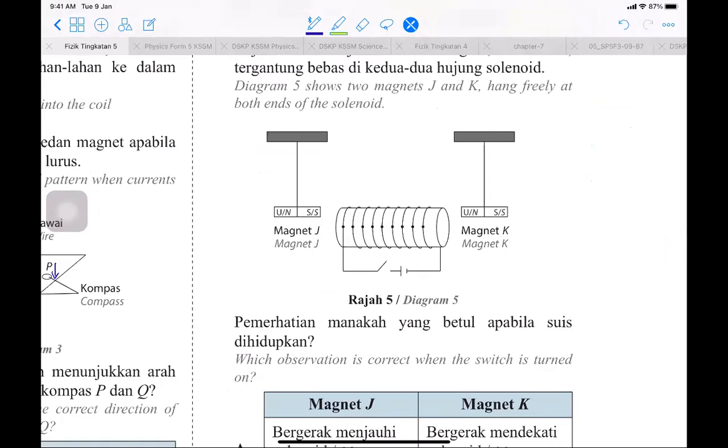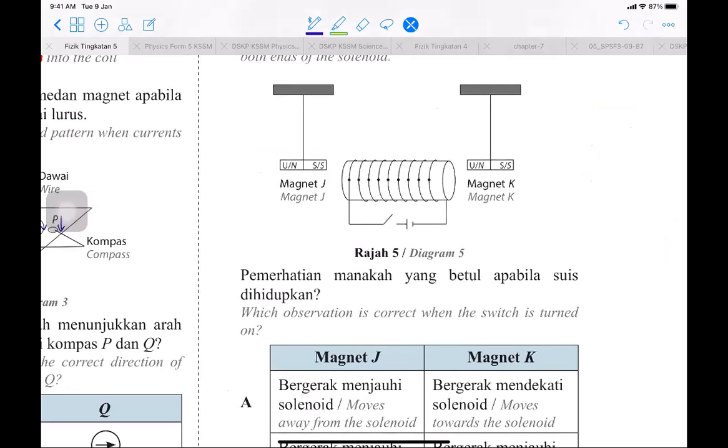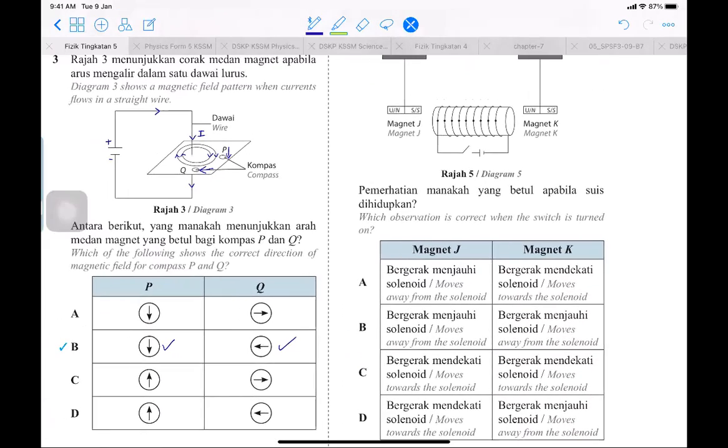Then number 5, question number 5. Diagram 5 shows two magnets J and K hang freely at both ends of the solenoid. Which observation is correct when the switch is turned on? Now, which one? Which one will be the correct answer?